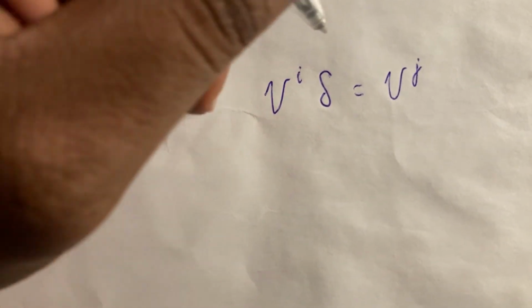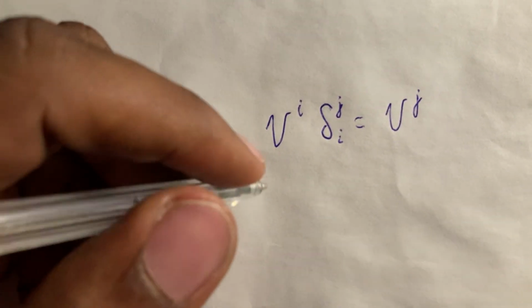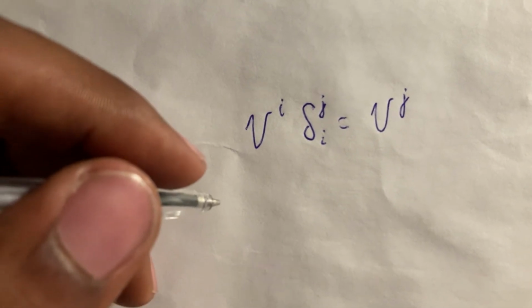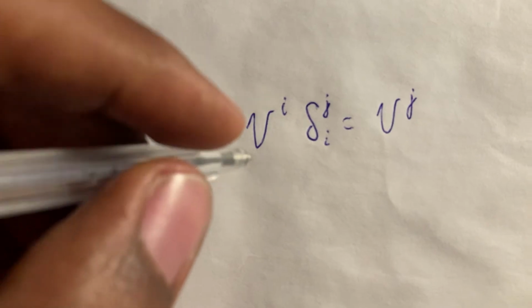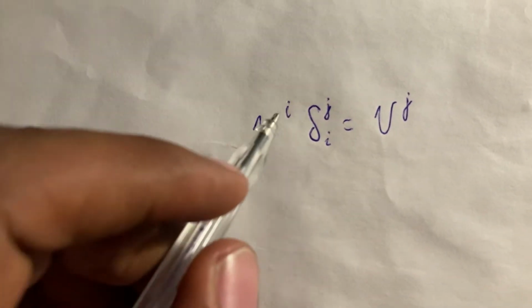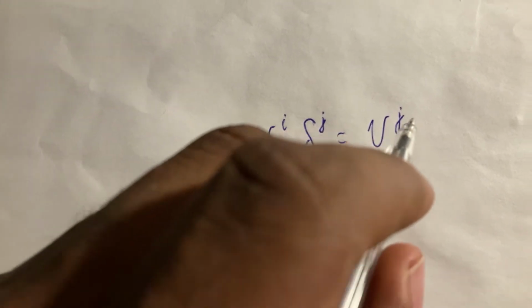Such an object is something which we will call the hybrid Kronecker delta, at least in part 1 and part 2 and part 3 of these videos, before calling it the Kronecker tensor. What this in essence does is it just changes the index from an I, as you can see right here, to a J.